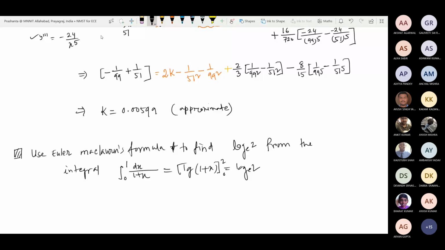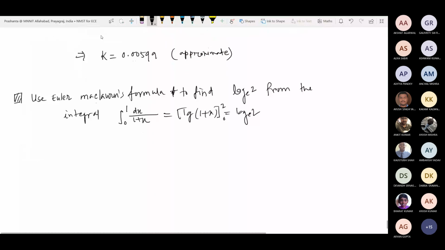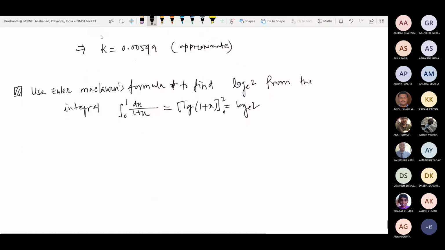So what you have to do? If you want to solve a definite integral by numerical techniques, you have to create data points. First you decide which formula you want to apply.